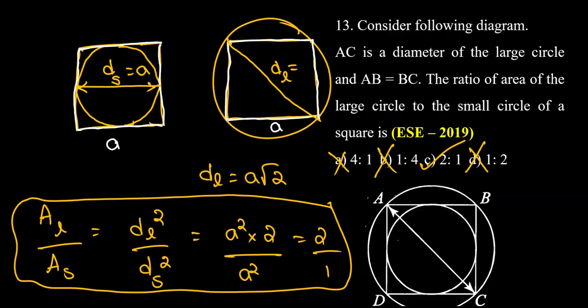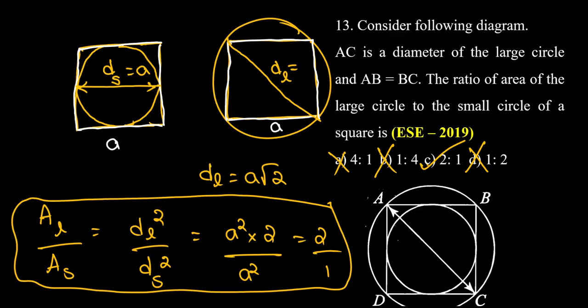No diagram, you have to form the diagram. They'll mention square is inscribed in a circle or circle is inscribed in a square. Side of the square is so and so, find the area of the circle, or radius of the circle is so and so, find the area of the square. Vice versa, you have to understand the relationship. If the square is inside the circle, diagonal equals diameter of the circle.